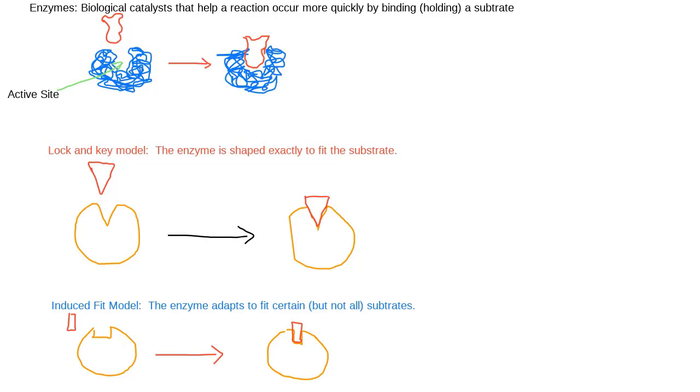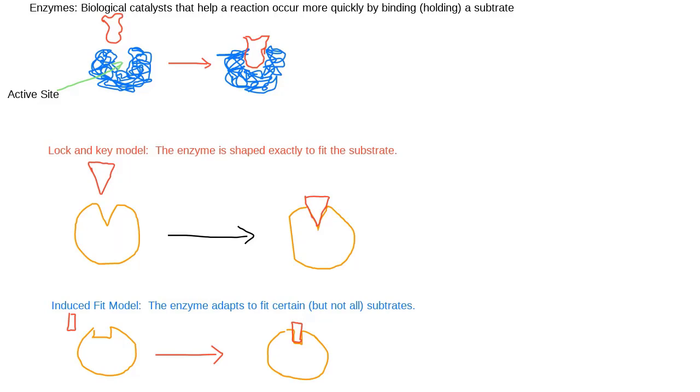It didn't fit initially, or it wasn't an exact fit initially, but it's designed such that it can fit around it if the substrate gets near it. The enzyme adapts to fit certain but not all substrates.